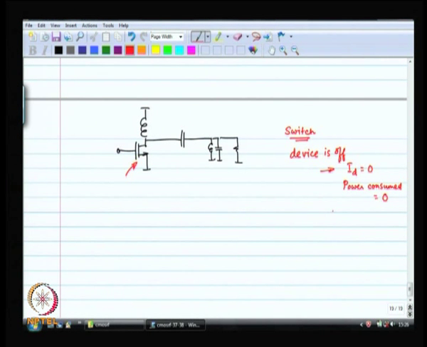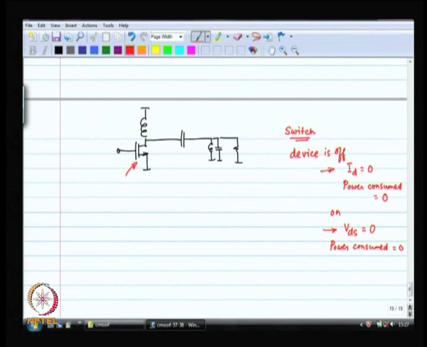When the device is on, there is current, but the voltage across it is equal to 0, which means once again the power consumed is equal to 0. All right.